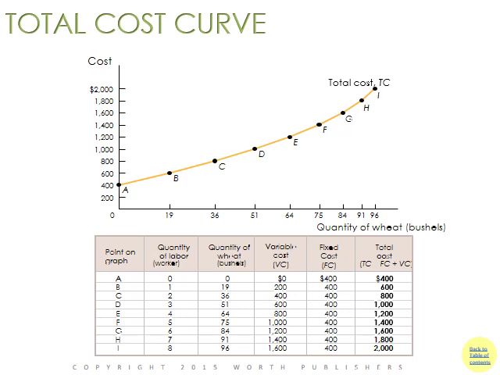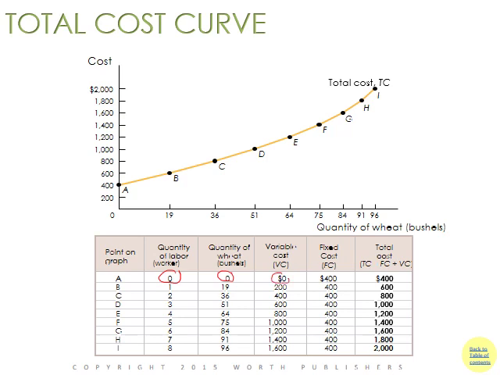Okay, so now we're back to our wheat example, and you can see if we don't employ any workers, the quantity of labor is 0. We don't produce any wheat in this production relationship. Our variable cost is 0 because we're not going to be employing any variable inputs if we're not producing any wheat.